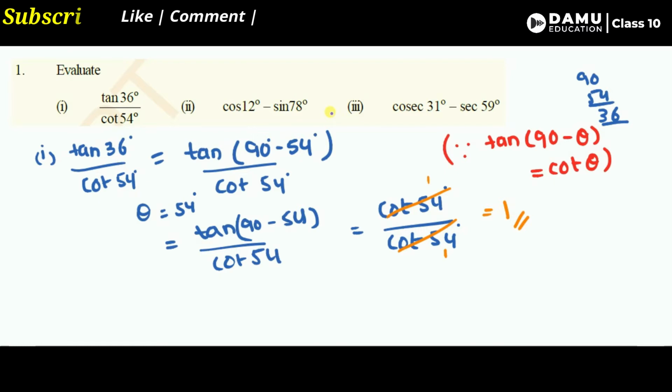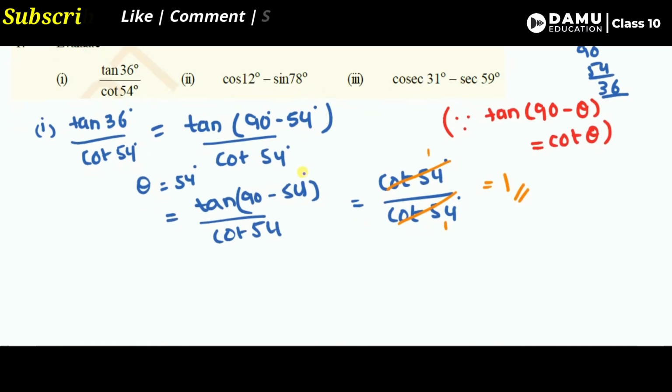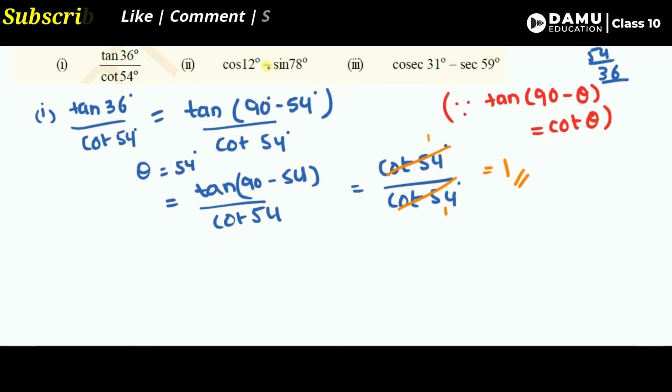Next, we converted tan into cot. Now for the same question, we will see the conversion of cot into tan. You can write tan 36 degrees by cot 54 degrees, keeping tan 36 degrees as it is.